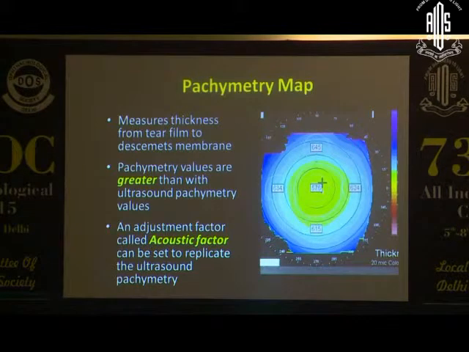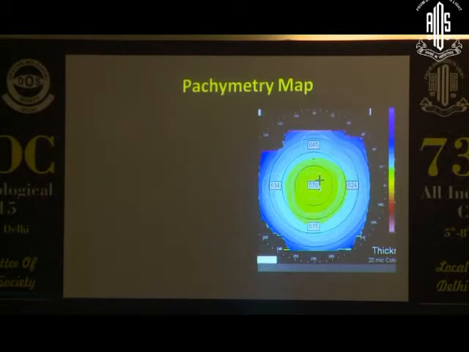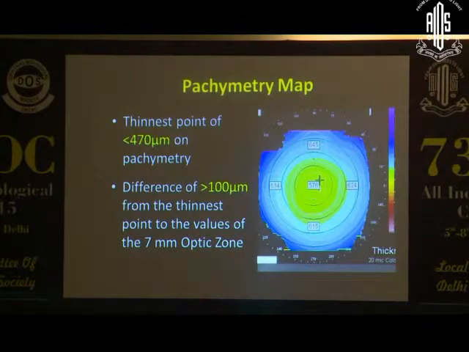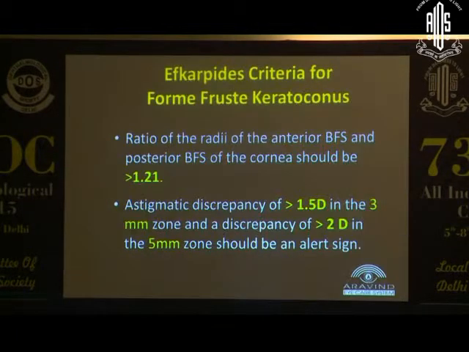This acoustic factor reduces the value by 8%, and it will achieve almost the ultrasonic pachymetry value. The thinnest pachymetry should not be less than 470 microns, which is a cutoff for refractive surgery, and a difference of more than 100 microns between the thinnest point and the superior 7 mm zone is also an alert sign.